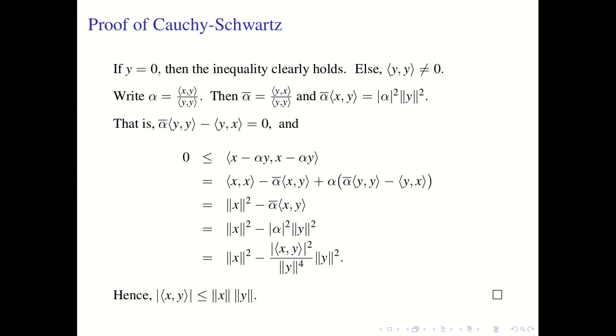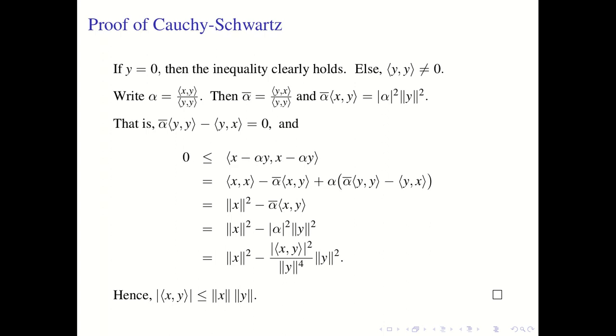Then alpha bar is inner product yx divided by inner product yy, and alpha bar times inner product xy is nothing but mod alpha square times norm y square. This can be easily verified. So therefore one can see that alpha bar times inner product yy minus inner product yx is 0.